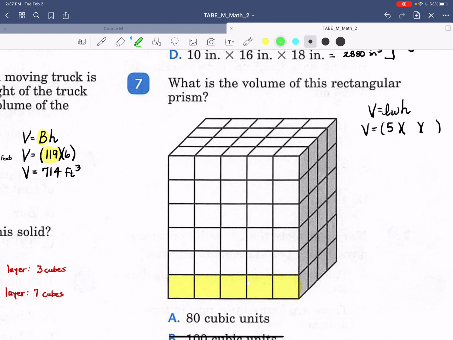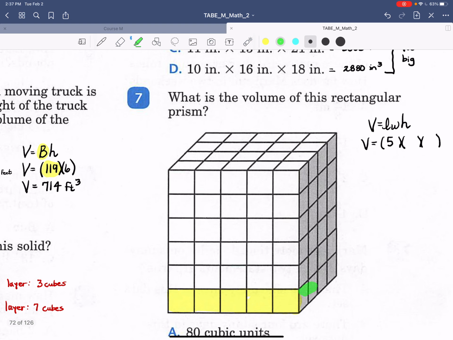Width, let me do in a different color. Width is this way. I'm doing it with green. And there are 4 of those. And of course, height is going to be this way. Now I'm going to have a problem when I cross that yellow and blue. It's going to look like another green one, but that's okay. How tall is this block?